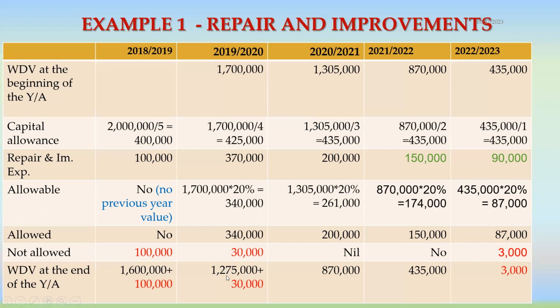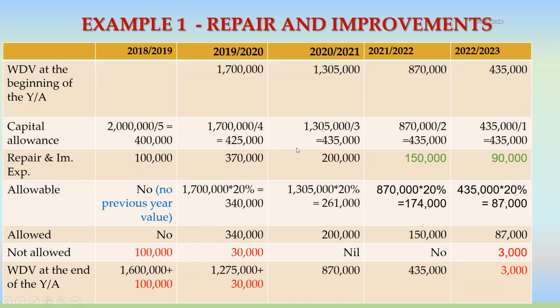That is 1,275,000. We can add that undeducted amount of 30,000 to it. So the total amount will be the opening written down value of this asset.